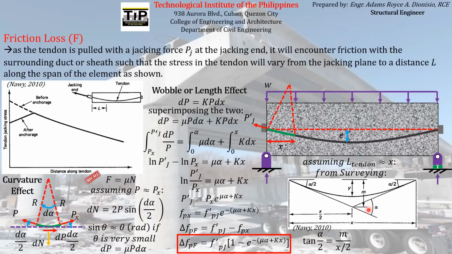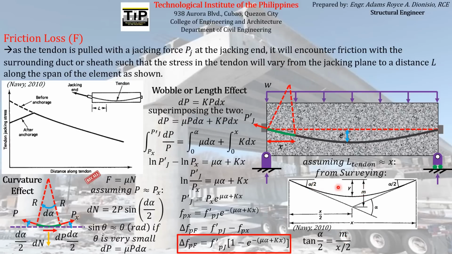And again, from surveying, if that is alpha, this is alpha over 2, and this is also alpha over 2. So using the concepts from surveying, we can find a right triangle here with a right angle at this particular location. Using trigonometric relations, the tangent of this angle is equal to this distance m, which is called the middle ordinate.